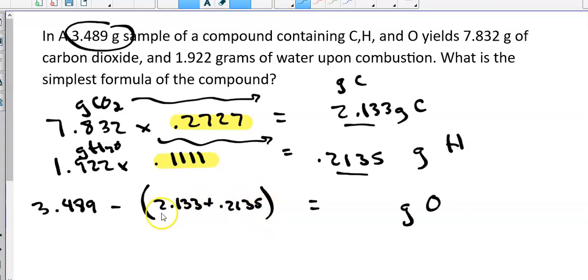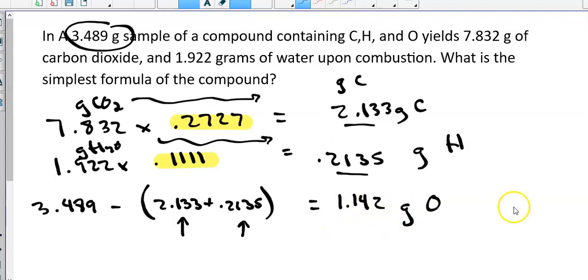This is the given mass of the CHO molecule. This is how much is carbon, this is how much is H, so whatever the difference is will be what's left over of the oxygen. When I did this, I got 1.142 grams of oxygen.